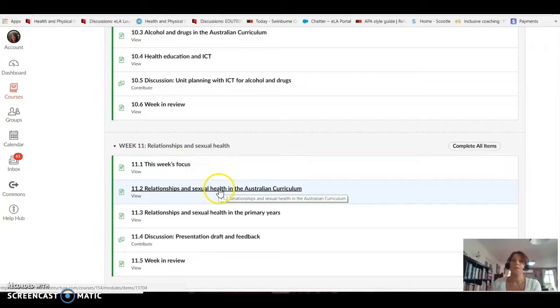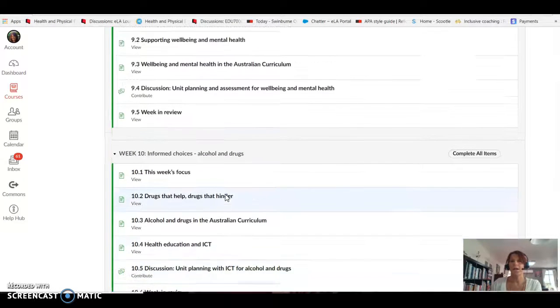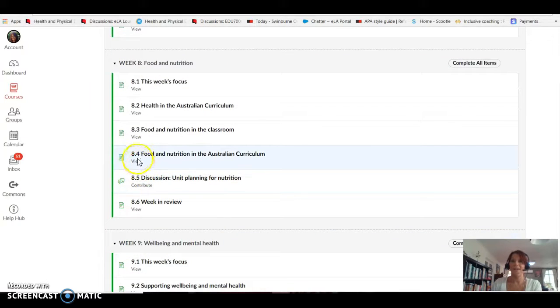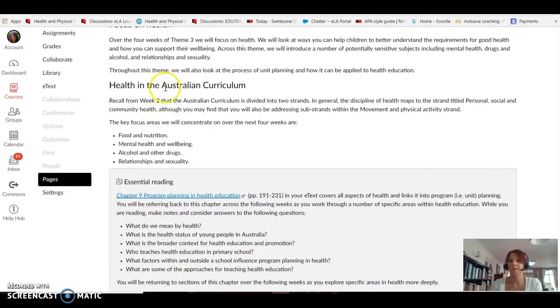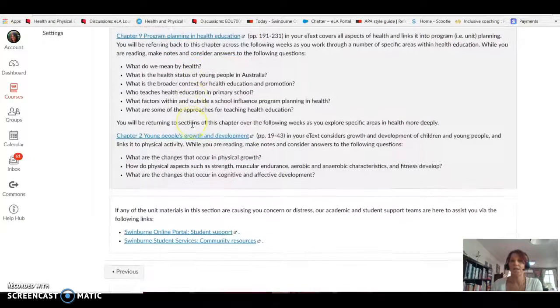So you choose a content area out of one of those 4 focus areas and you design your unit of work around that. And in week 8, in this food and nutrition module, there's some very relevant information on health in the Australian curriculum and our program planning in health education.